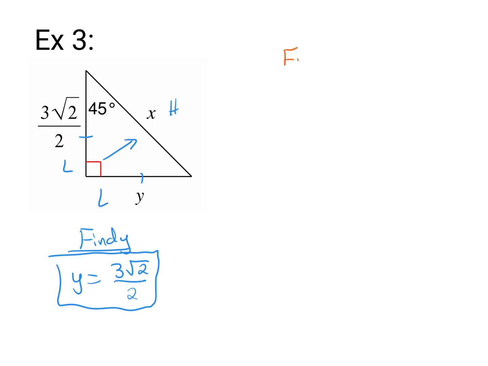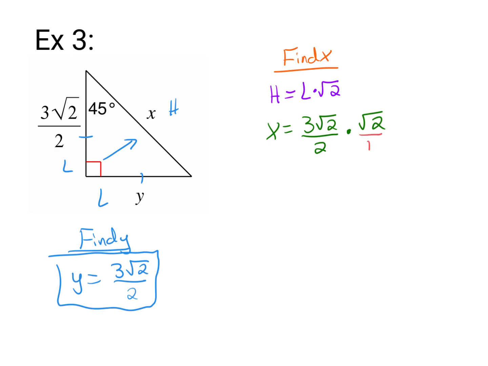Next one, we want to find x. And we're going to use our formula. H is equal to L times square root 2. Plug in. My H is x. The L, the one we know, is 3 square root 2 over 2. And that's multiplied times the square root of 2. Now remember, if you want to put that over 1 so that it makes it a fraction times a fraction, you're more than welcome to.